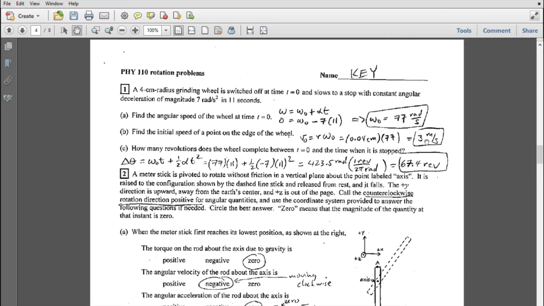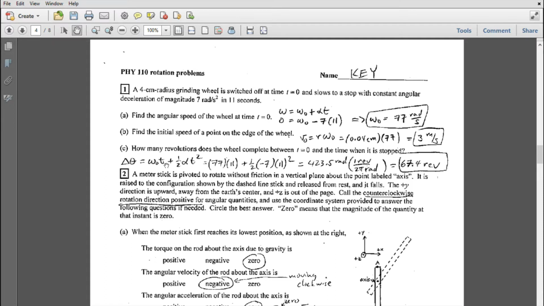See, how many revolutions does it go through on the way to stopping? Well, that's a constant alpha kinematics kind of problem. We want to find delta theta, so we can use theta versus t. We know the t it took, so that's the way I chose on here. Theta minus theta 0, that's delta theta, is equal to omega 0 t.